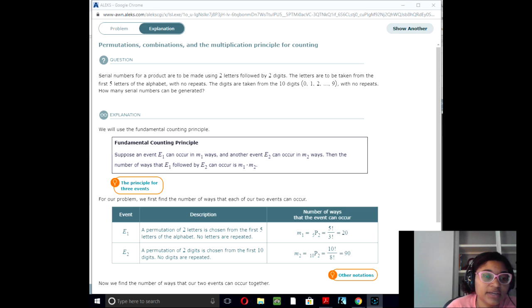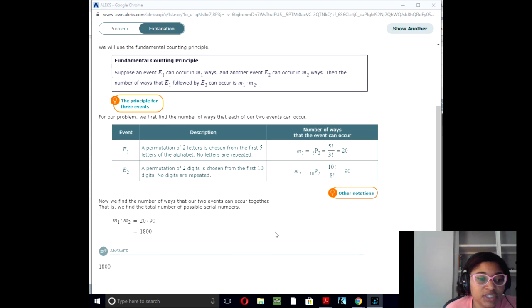Okay, so let's scroll down here to the description. That was why I was saying make sure you're paying attention, because if you look here, the permutation of 2 letters are chosen from the first 5 letters. So we have 5P2. The 2 are the first 2 letters of the serial number, and 5 are the 5 possible choices of the alphabet that could have been chosen.